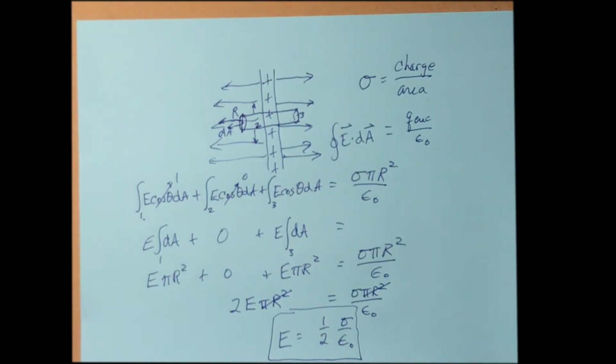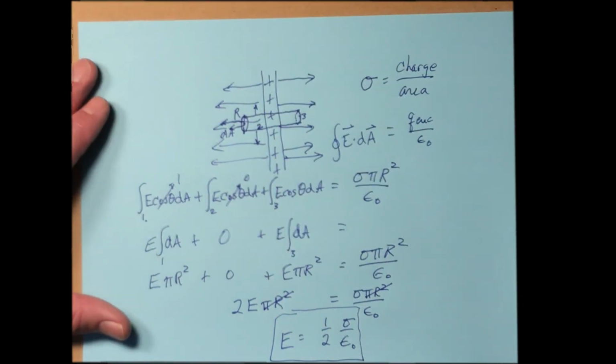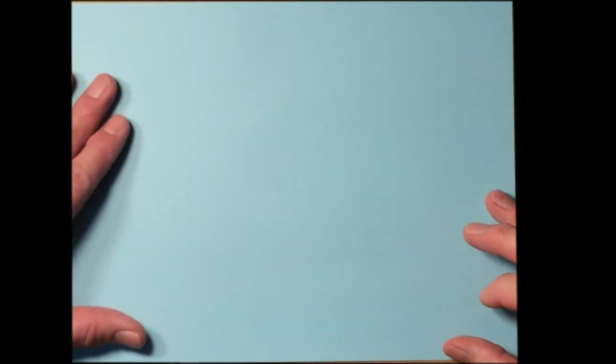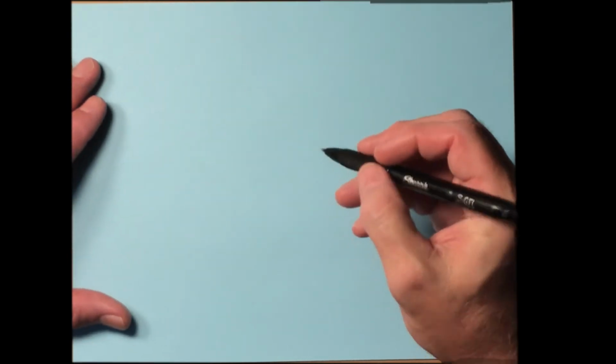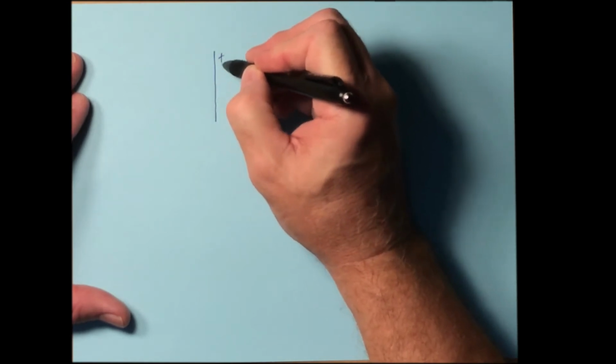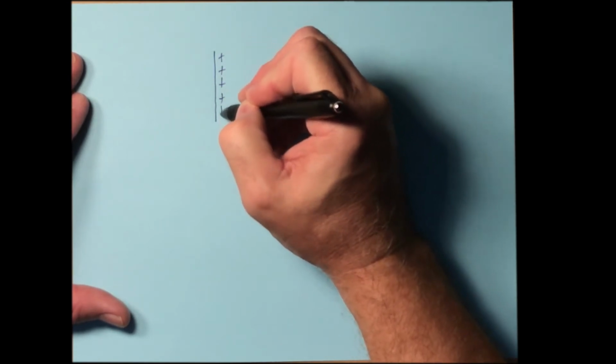All right, well, if you had a situation then where you have an electric field that looks like this. So you've got a conducting plate here, thick or thin, doesn't matter.